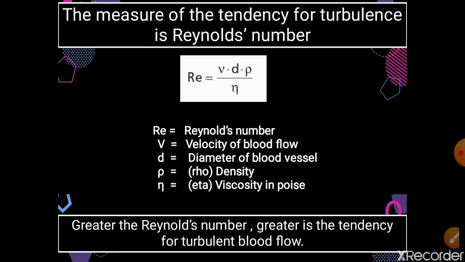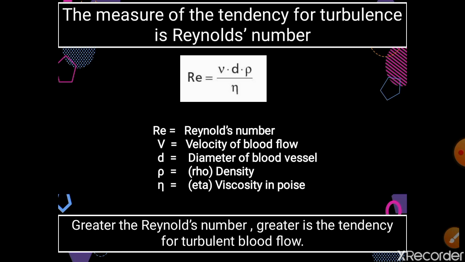Now let's move back to the formula and see how each of these parameters affects the Reynolds number. Reynolds number is directly proportional to velocity, which means as the velocity of blood increases, the chances or tendency of turbulence increases. To remember this fact, please bring to your mind the example of a car on a road.